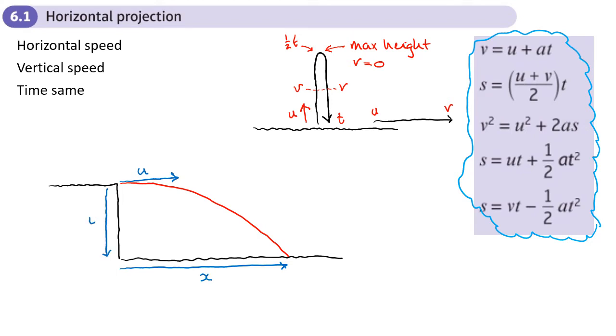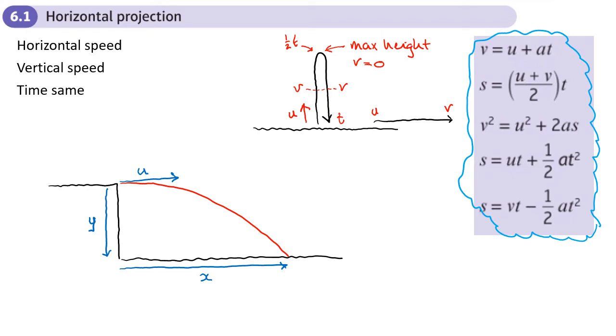We'll call that y. Normally y goes up, but in this case, since it's going down, we'll take y as going down. What's important is that the motion of this particle has a horizontal and a vertical component to it, two different bits to it.